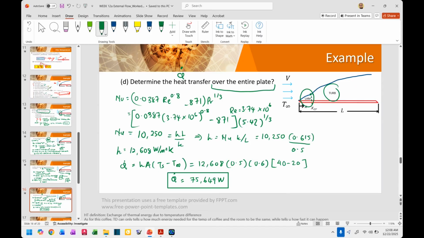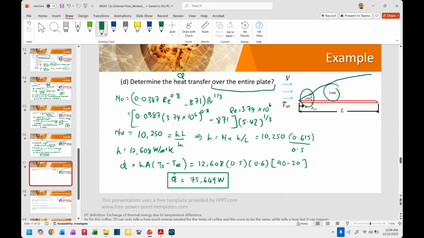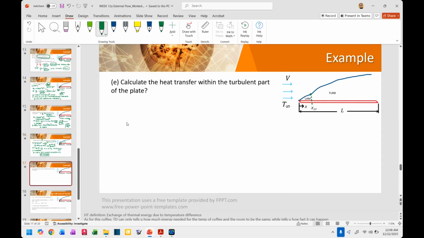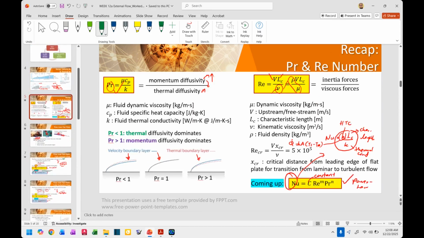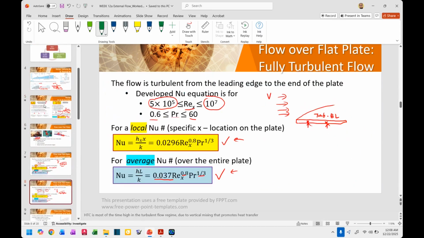Now, we look at the last question. The heat transfer within the turbulent part of the plate. You may be tempted to jump into this turbulent equation, the fully turbulent flow equation for the Nusselt number in blue here, but that is not the right approach.